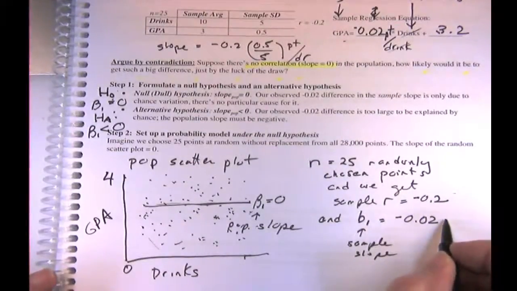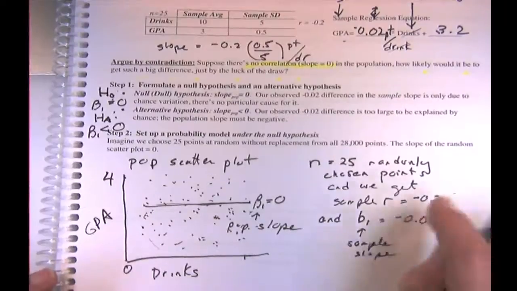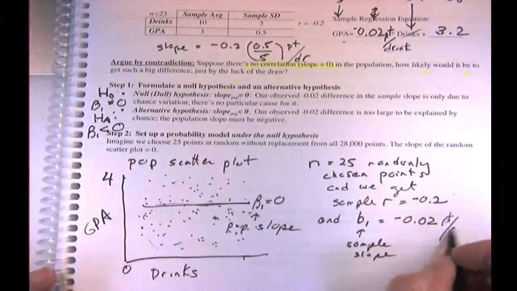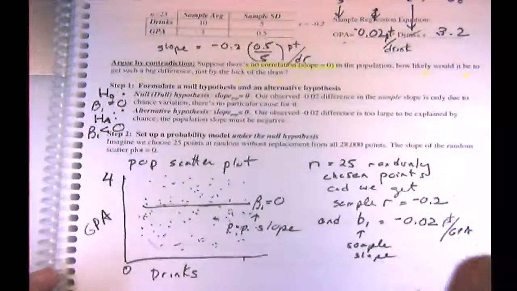And that has units on it, points per GPA, and this one doesn't. Okay, so that's where we're at.